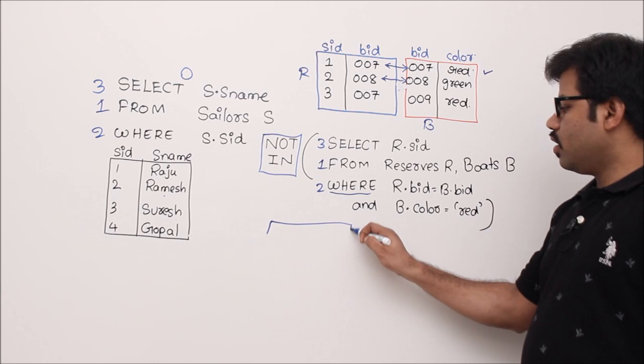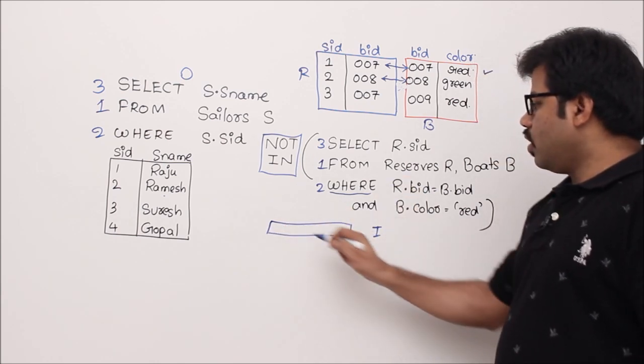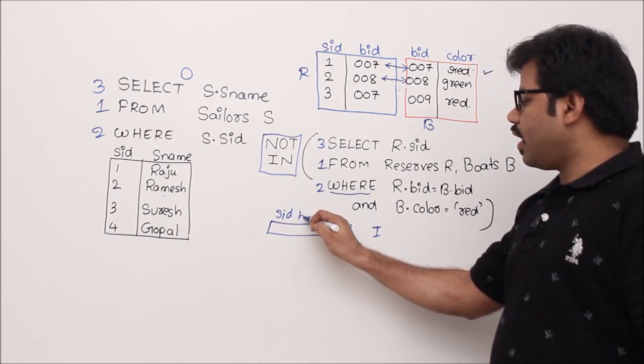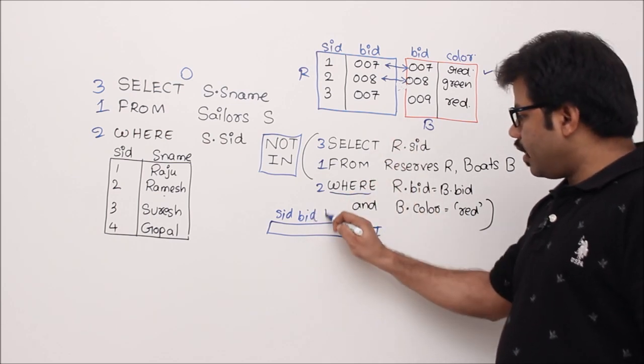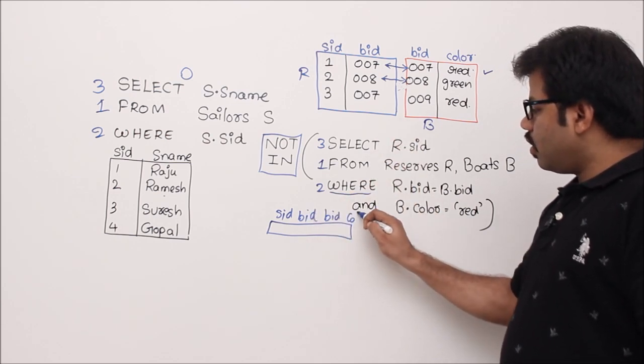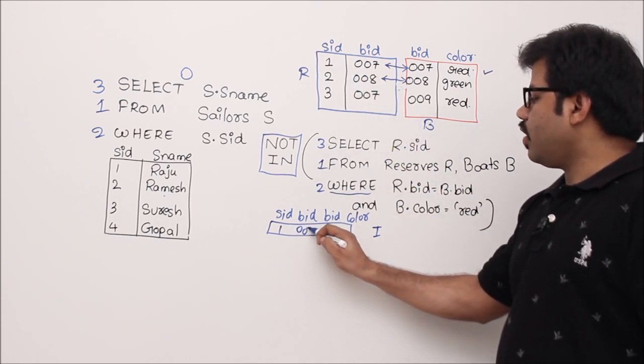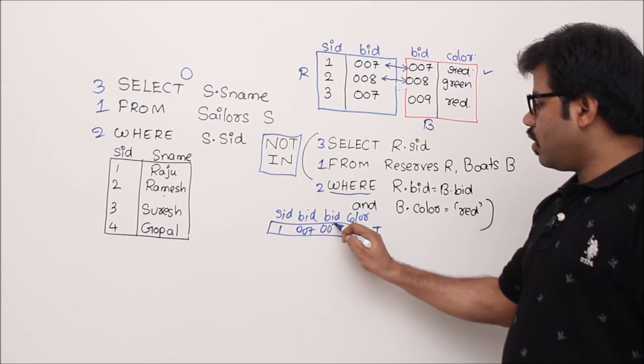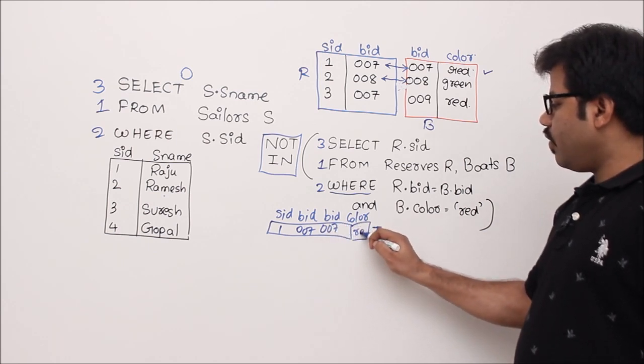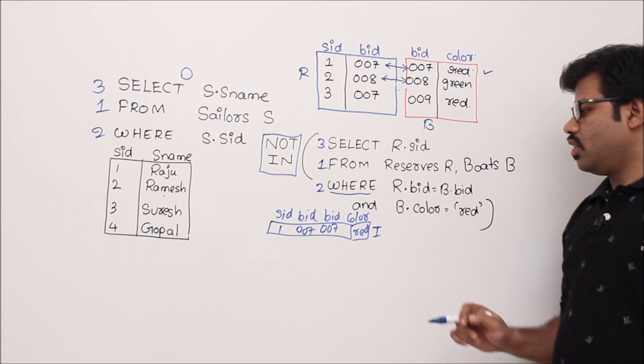I am writing it. In your Cartesian product, you will get SID, BID along with BID and color, such that SID is 1, BID is 007 and again 007, color is red. We can easily understand this another way also.